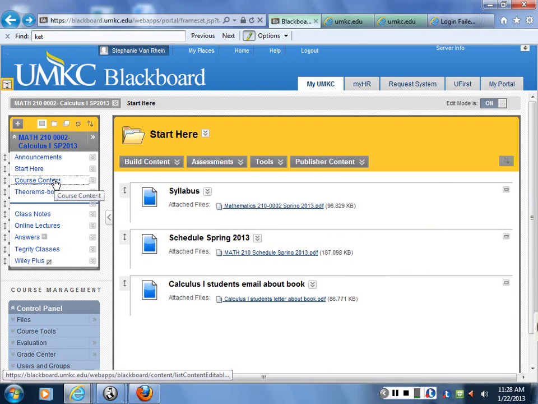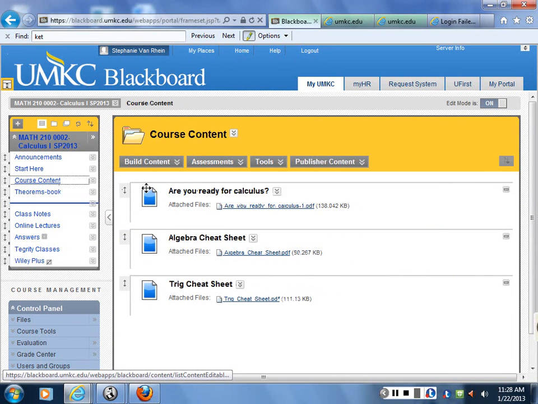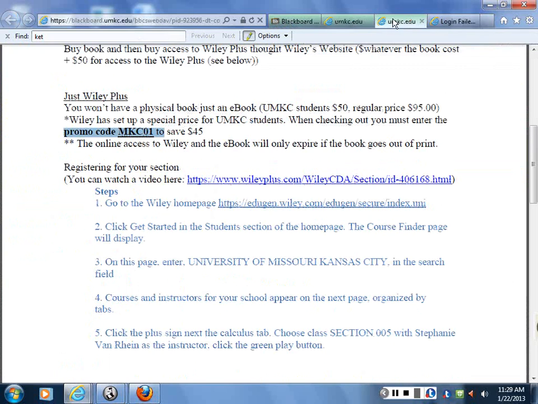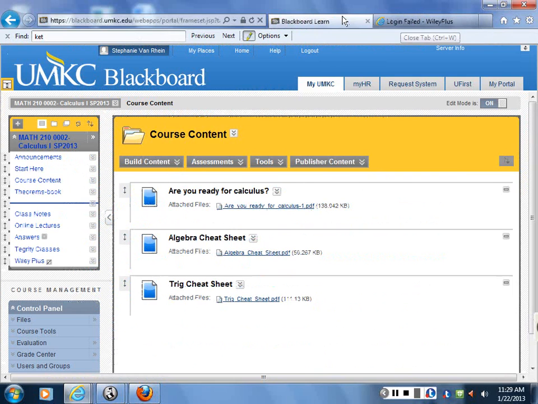So course content has the Are You Ready for Calculus, the PDF I just gave you. It also has this Algebra cheat sheet and this Trig cheat sheet, which I hadn't opened yet.